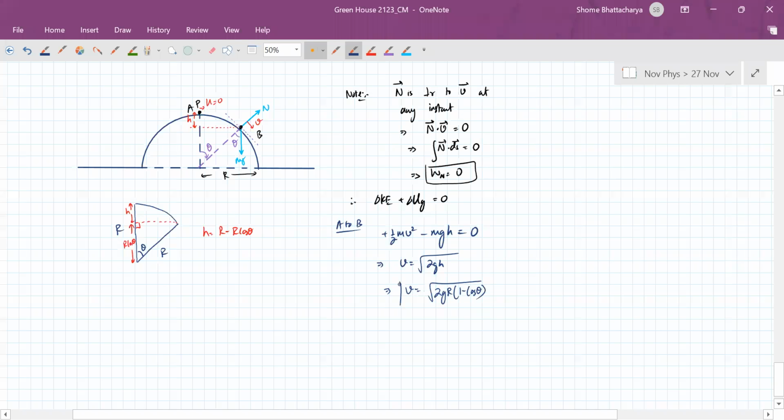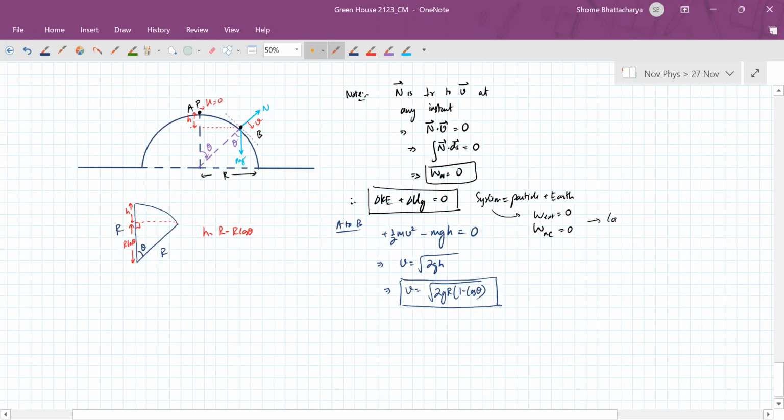We could have done this also by the work energy theorem. This is the work energy theorem only, but we are applying conservation of energy by applying the work energy theorem to the system being the particle plus the earth. For this system, there is no external force doing work, and no non-conservative force doing any work.